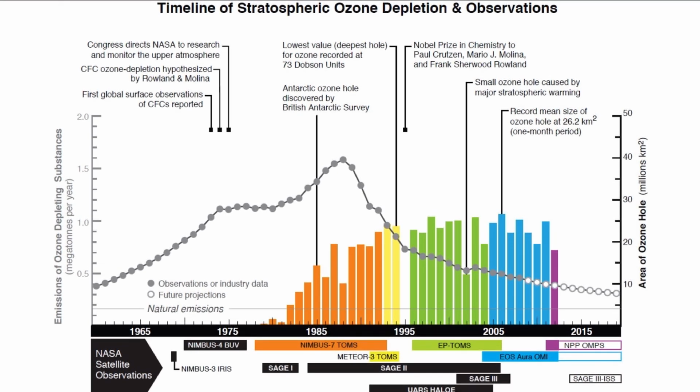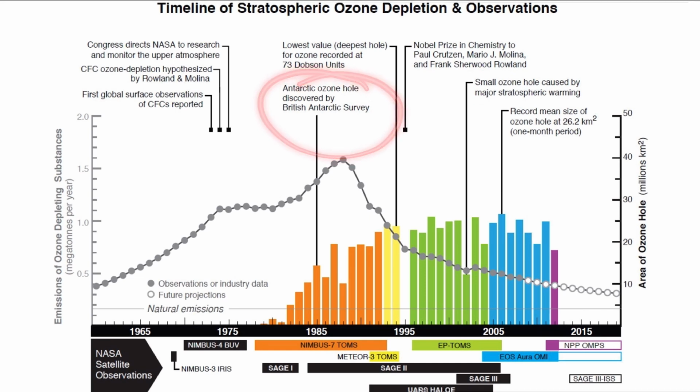So some other things are also mentioned in the timeline. The first global surface observation of chlorofluorocarbon was recorded before 1975. Similarly, the chlorofluorocarbons were hypothesized as ozone depleting substances by Rowland and Molina. And then in 1975, the Congress directed NASA to look into the matter of atmospheric concentrations of ozone.